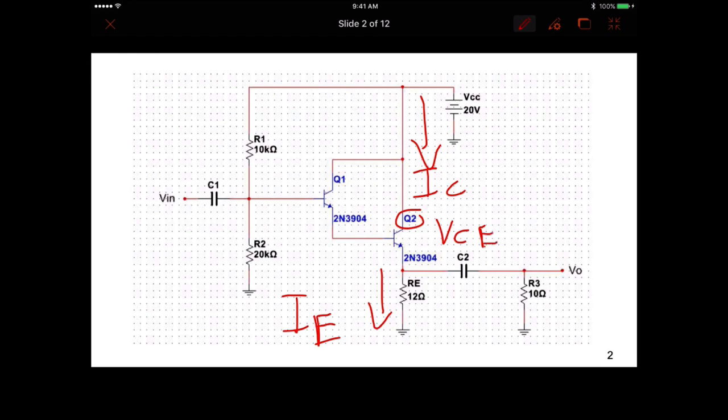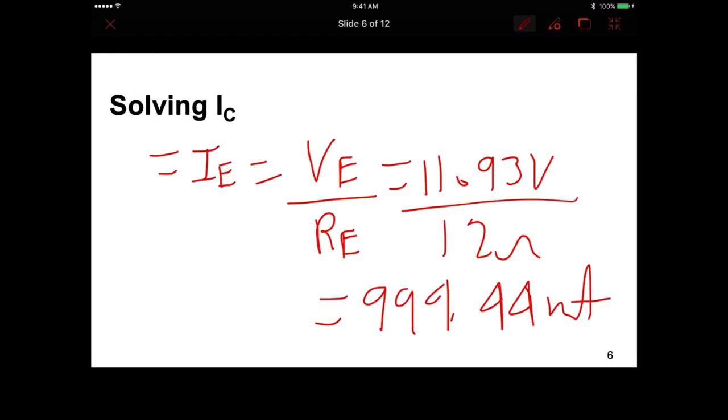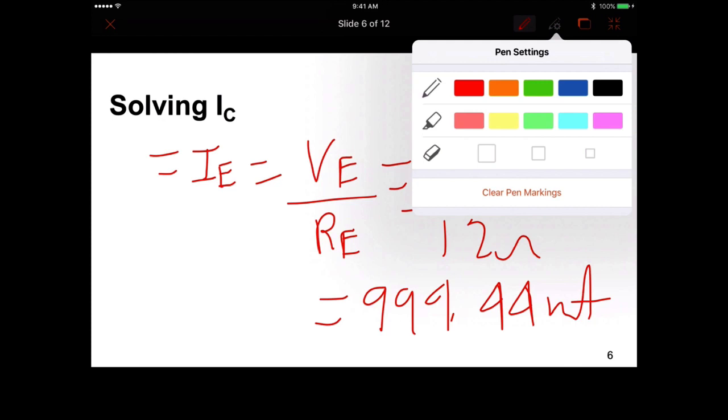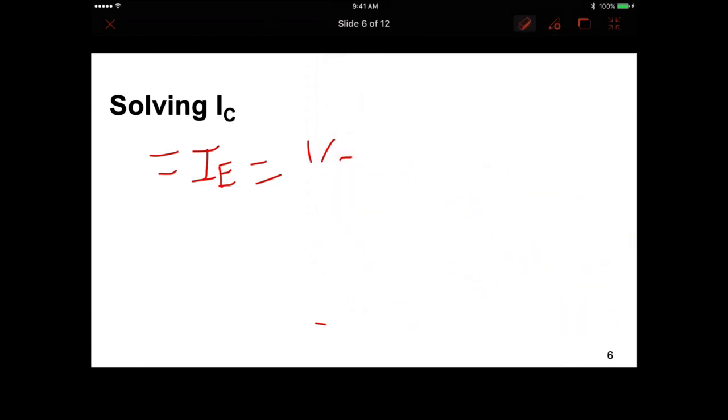So let's calculate that, and let's calculate the power dissipation, and then we'll do the AC model. So I think I want to add that in. Let's go and erase this. Okay, so let's solve for VCE.